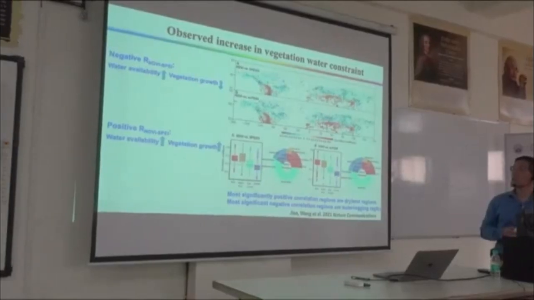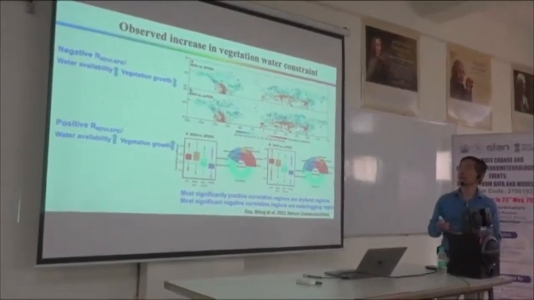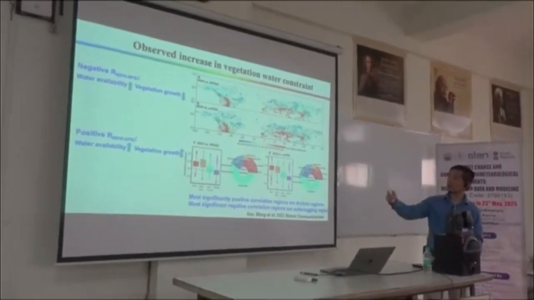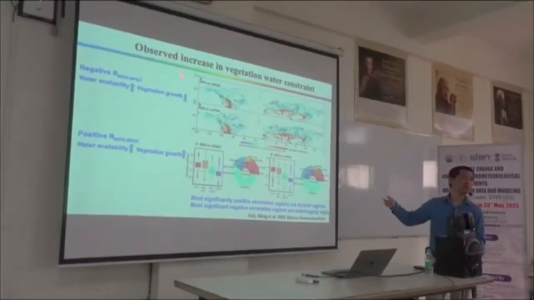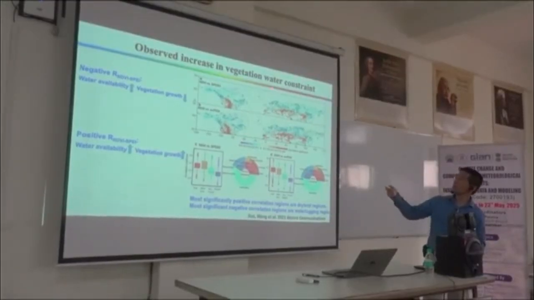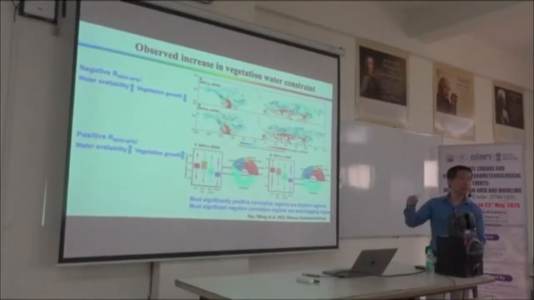But first we test whether this correlation concept makes sense. We make the correlation and then we look at how this correlation distribution is. So you can see for this map, all the dark color here, they are positive correlation. Most of them are concentrated in the lower latitudes.